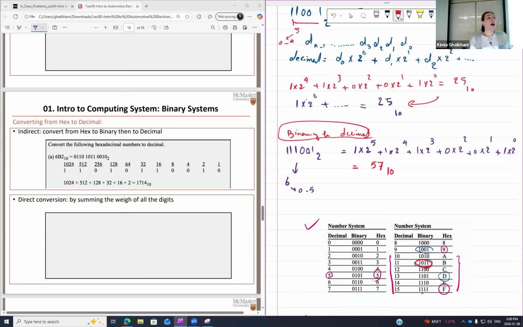But during the exam, you will be clearly asked: do direct conversion or binary to decimal? Most of the time, I'm asking you to do it binary to decimal, not direct, because I want you to show your skill converting first to binary, then to decimal, then decimal to hex.